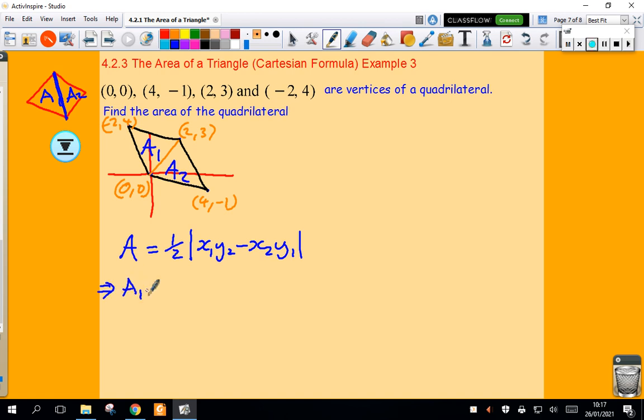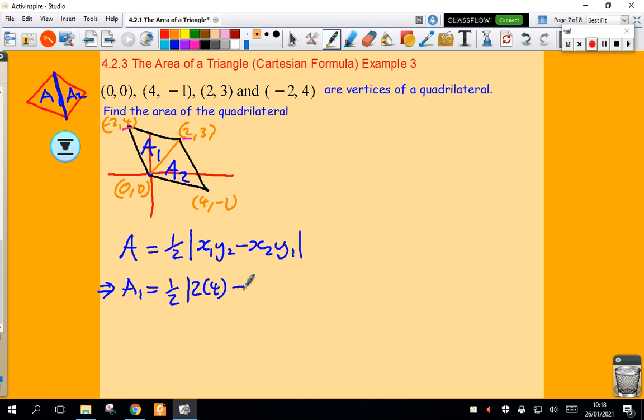So the first area can be written as a half times the absolute value. Make sure 0, 0 is part of the triangle. It is, so I'm going to use the other two vertices as my first point and my second point. So my first x coordinate times my second y coordinate, that's going to be 2 times 4.